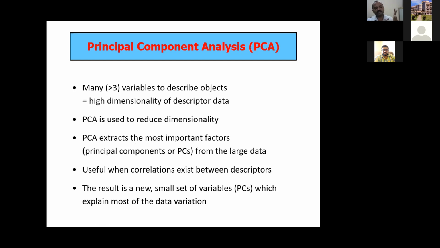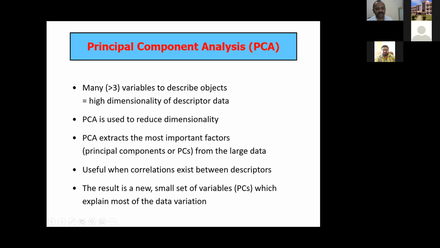In the case of COMSIA, apart from the steric and electrostatic fields, hydrogen bond donor, hydrogen bond acceptor, and hydrophobicity are also added. Hydrophobicity is also linked to the partition coefficient, which plays a very important role. So all these five factors will be taken into consideration.